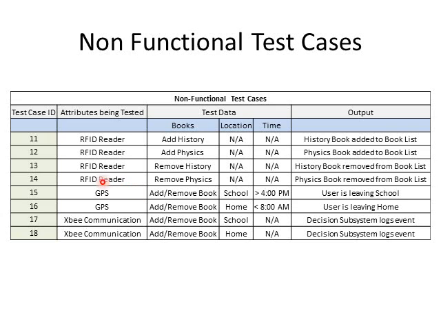The GPS unit needs to be tested when I move it away from home or away from school. Over here, I need to test my XBee communication and determine whether the decision subsystem actually logs the movement of a book.